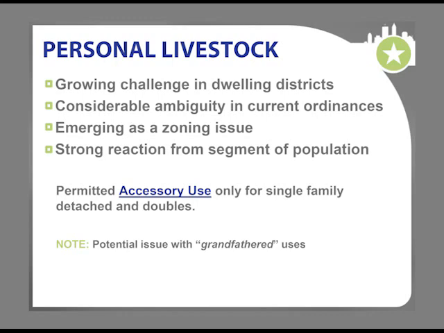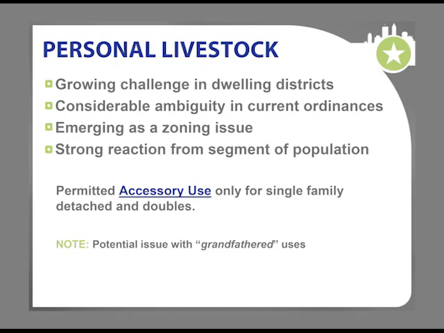Another accessory use that is permitted in some districts is what we've labeled personal livestock. This is in response to a growing challenge we face in the dwelling districts. More and more people are raising rabbits, chickens, ducks, smaller animals for their personal use, be it for eggs or for food.